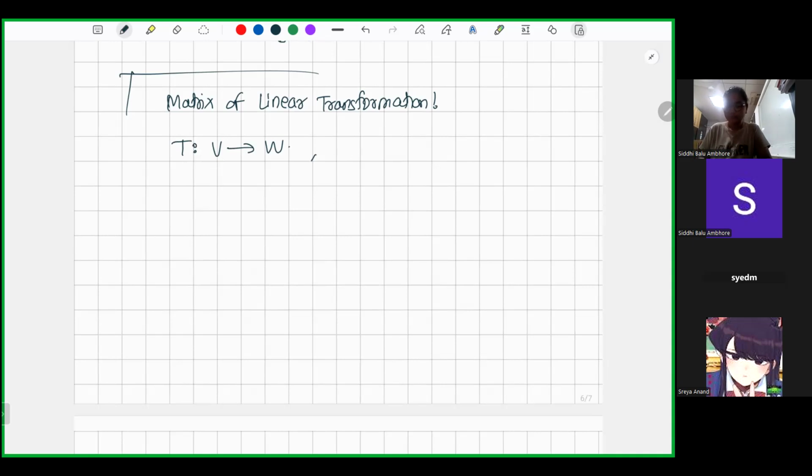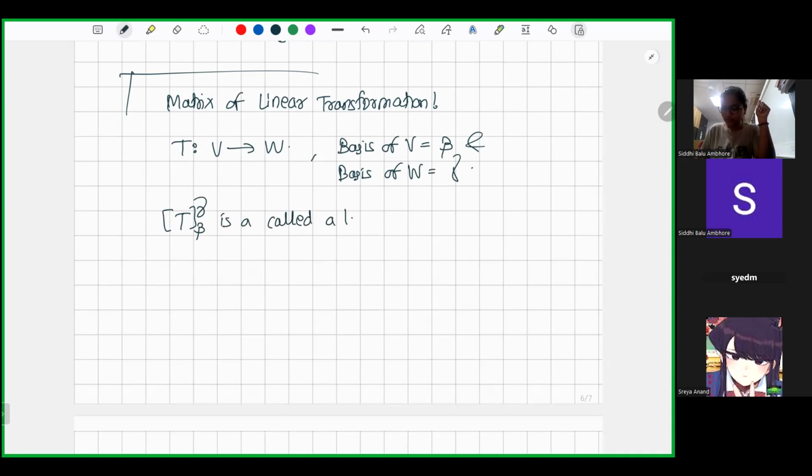V has basis beta, and the basis of W is, suppose, gamma. Then this T_beta,gamma is called a linear transformation matrix.